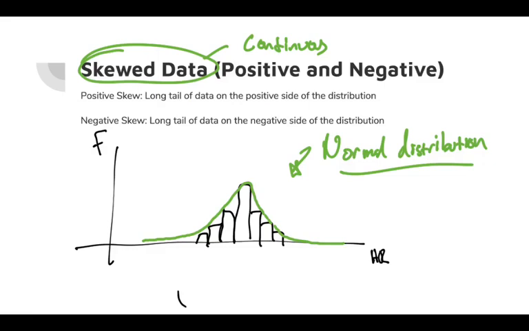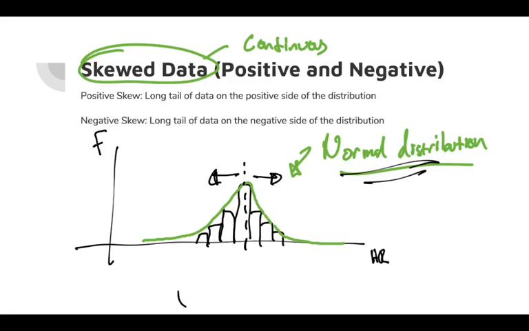And we'll read more about those as we move on. But what we're interested in right now is that if I split this, there's symmetry. If I look this way or this way, it's symmetric. It's a mirror image. That's your normal, that's your bell curve distribution, okay?